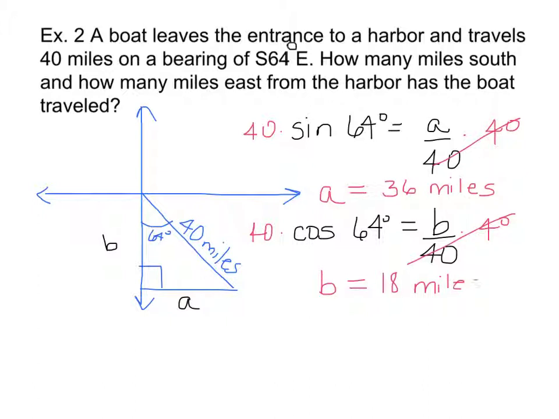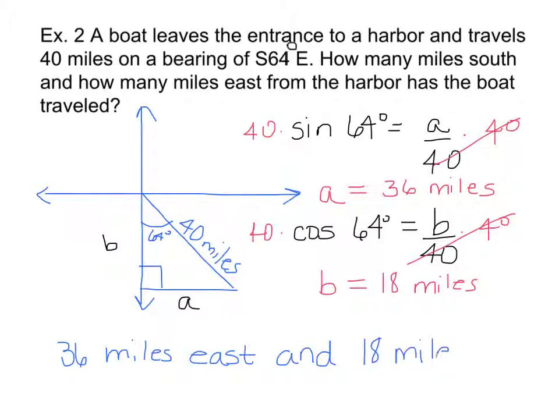So to answer the question, you would say, remember A was east, 18 miles east, and excuse me, I said that backwards. 36 miles east and 18 miles south.